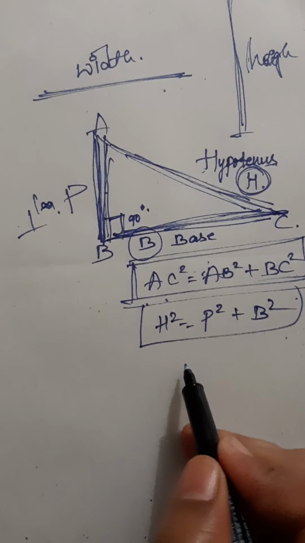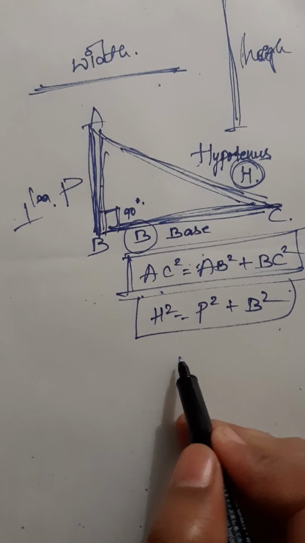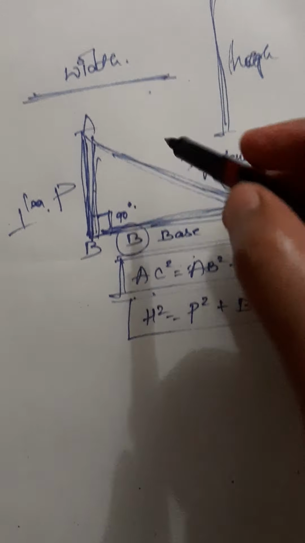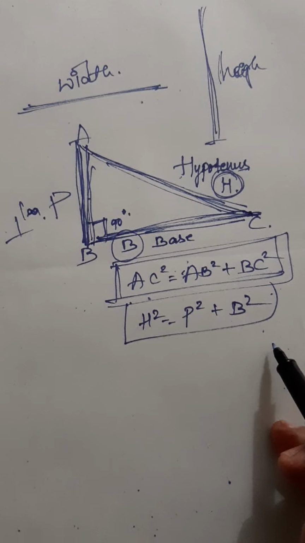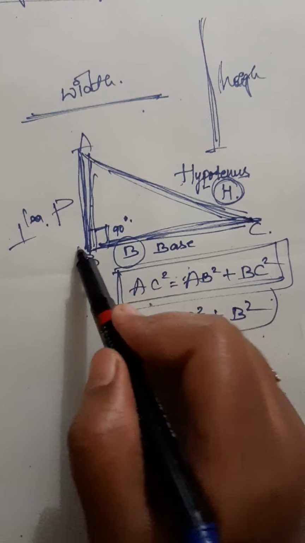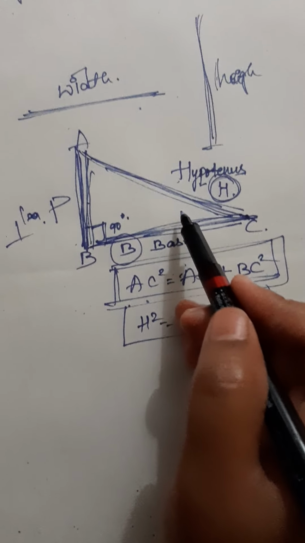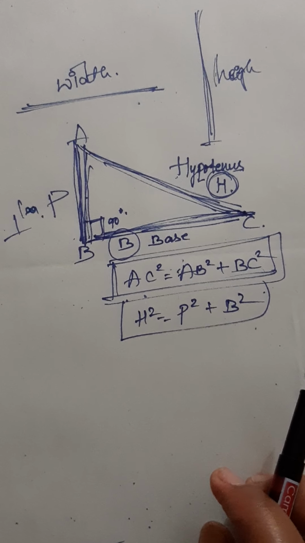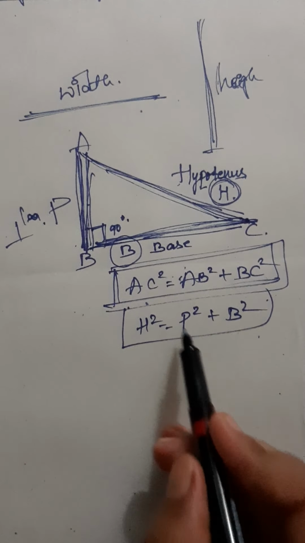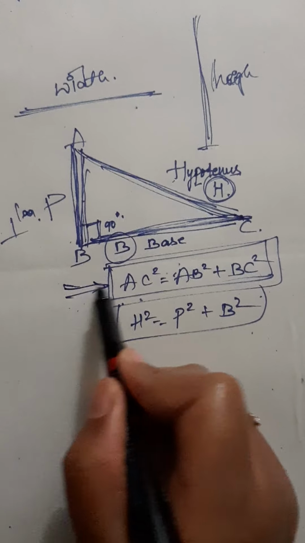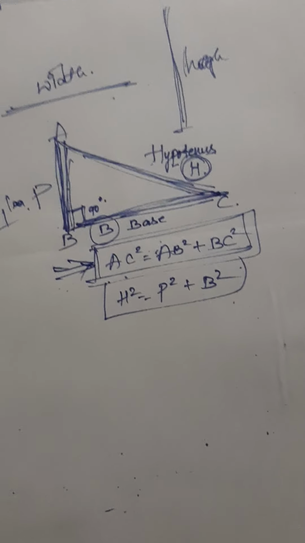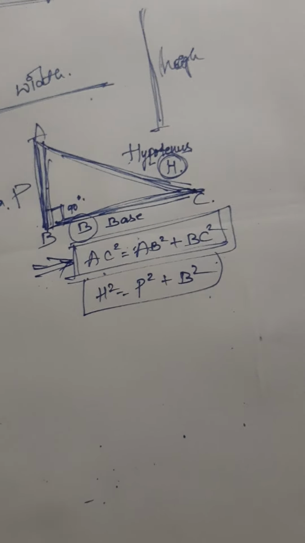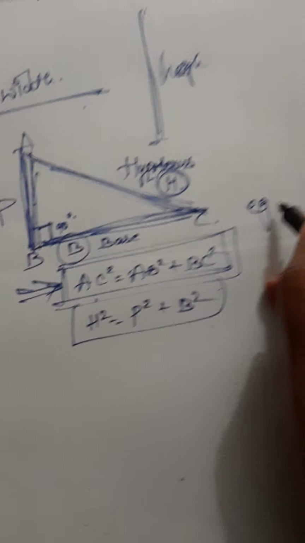Hypotenuse is the longest side, and it's opposite to the right angle. In Pythagoras, we must and should remember this relation. For this relation, let's take one example.